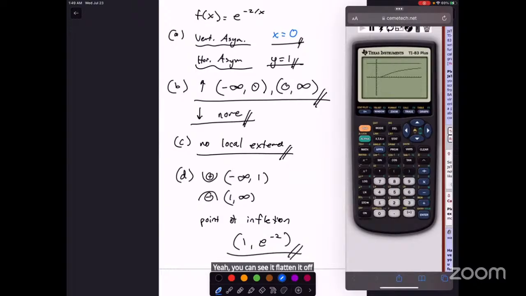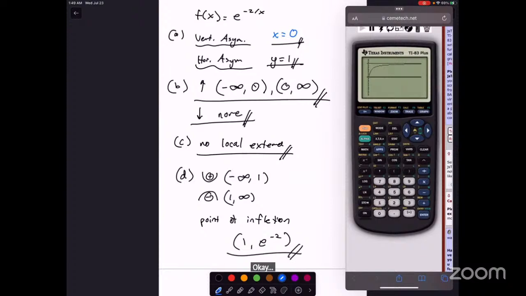It is approaching 1, right? So let's go out even further, like 50. It's flattening out. It's approaching y equals 1.